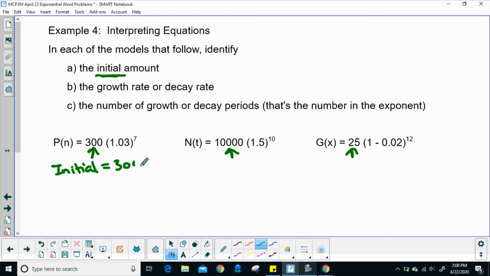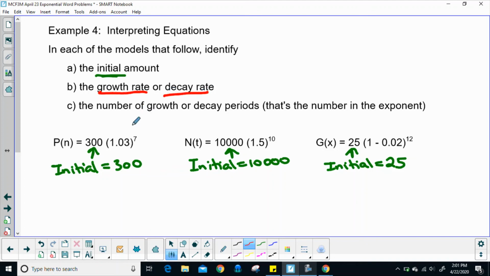So my initial here is 300. My initial here is 10,000. And my initial here is 25. Okay. For my growth rate or decay rate, I have to look inside the brackets. Remember, when we're dealing with percents, a growth rate would be 1 plus R, and our decay rate would be 1 minus R. Let's look at this first one.